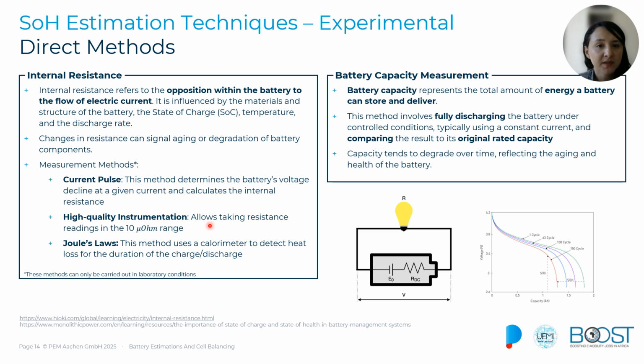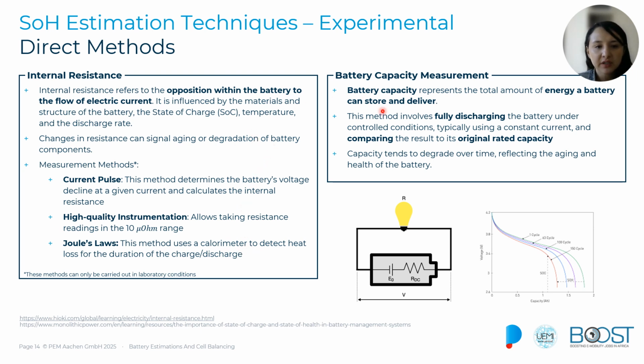Also, there are specialized instruments and devices that can measure the resistance with micro-ohm precision, which is very good. This is laboratory equipment. And finally, by analyzing the heat dissipation in our battery, we can infer the internal resistance, as the heat generated correlates with it.